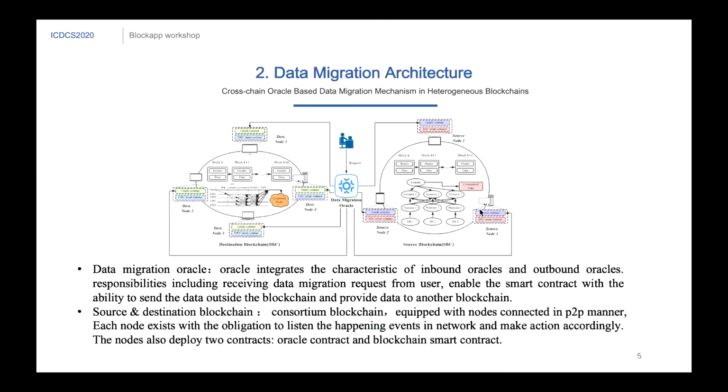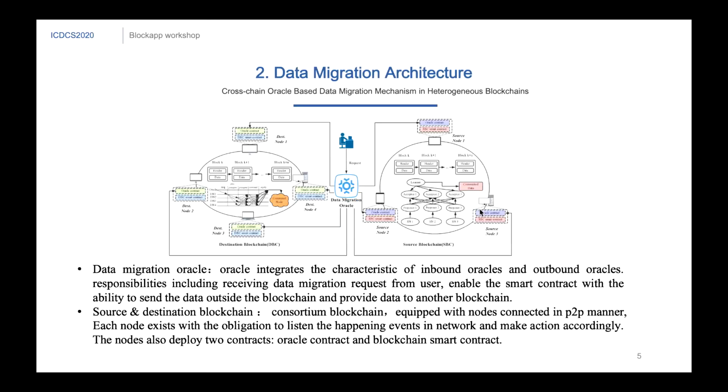And the second one is the data migration architecture. The overall architecture of data migration is depicted in this figure. The main three modules are the data migration oracle, the source blockchain, and the destination blockchain, respectively. The architectures of the source blockchain and destination blockchain are similar. The data migration oracle acts as an authentic notary.